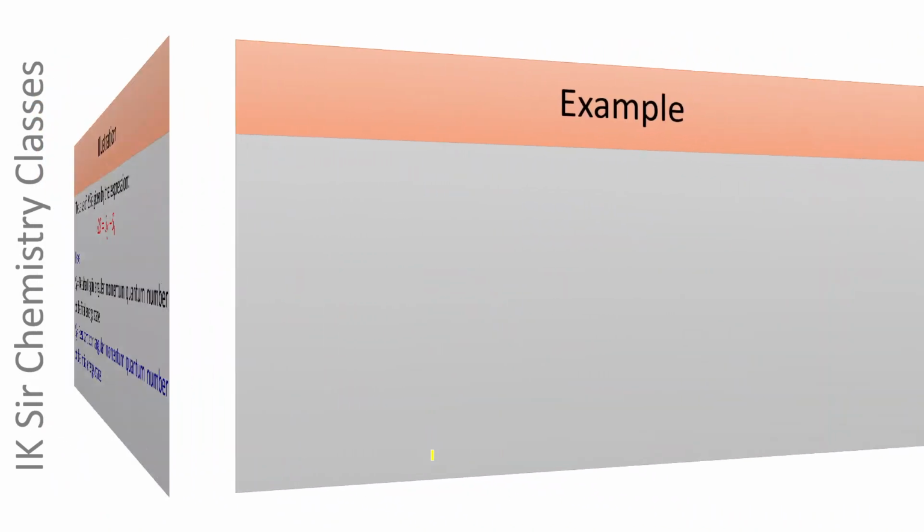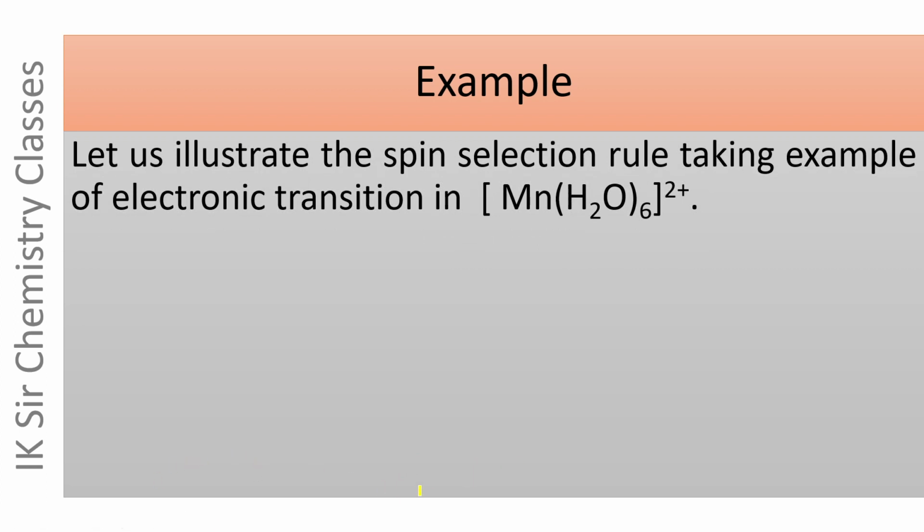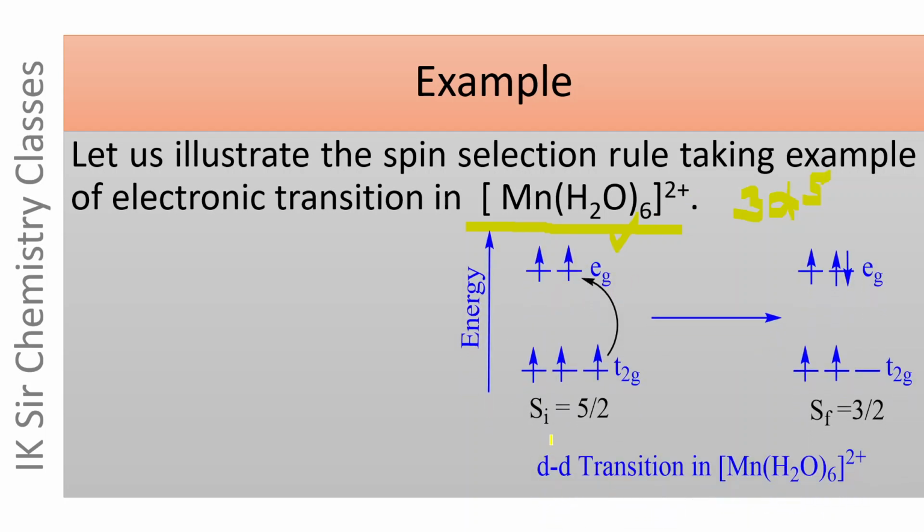Let us illustrate by taking an example of electronic transition in [Mn(H2O)6]2+. It has manganese in +2 oxidation state with 3d5 electronic configuration, and H2O is a weak ligand, and therefore [Mn(H2O)6]2+ will be a high spin complex having 5 unpaired electrons in the initial state.